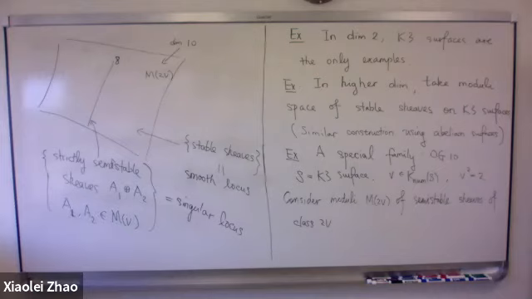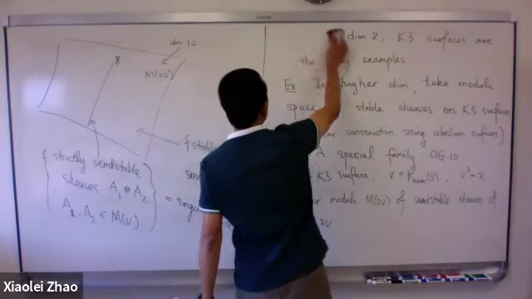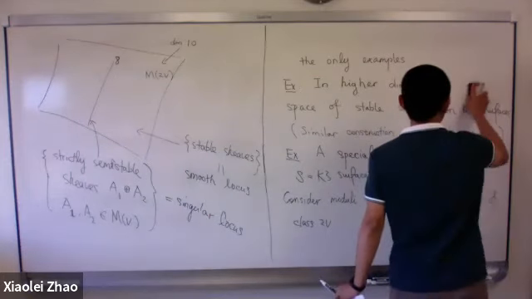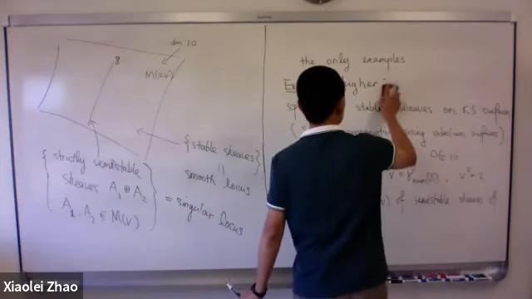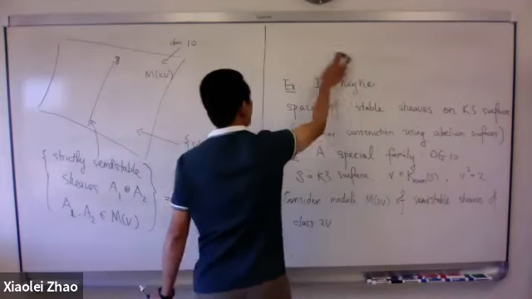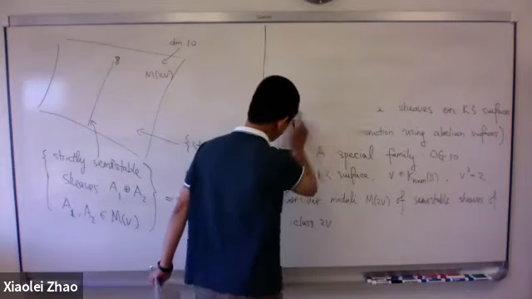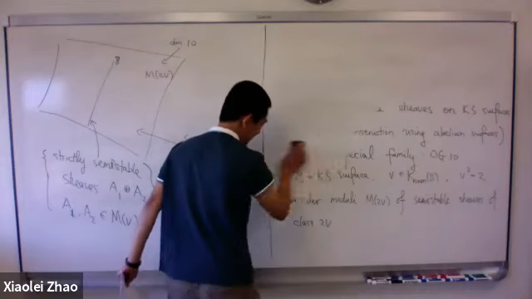Why do I care about this? This is going to give us O'Grady's 10-dimensional example. Remember, at the end we want a hyperkähler variety, which by my definition has to be smooth. So now I have to resolve the singularity here.